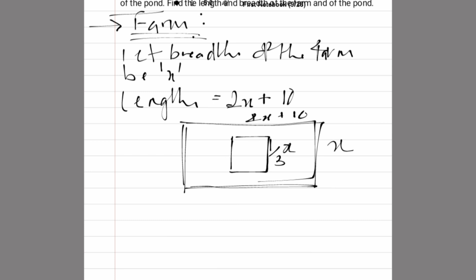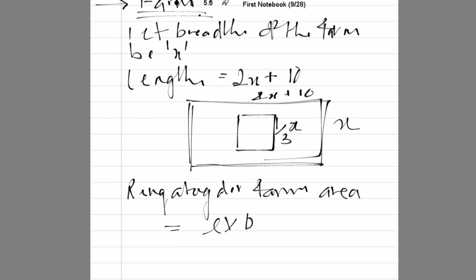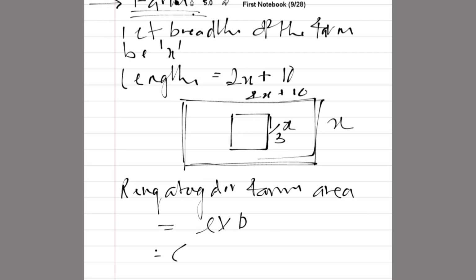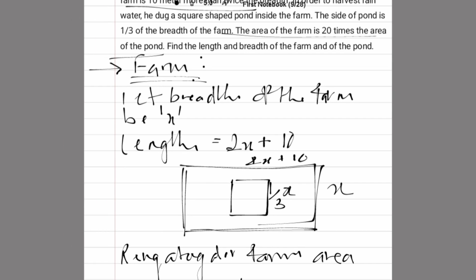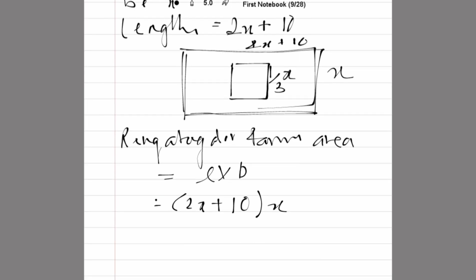So the farm area is equal to length into breadth, that is 2x plus 10 into x. So this is the area of the rectangular plot.